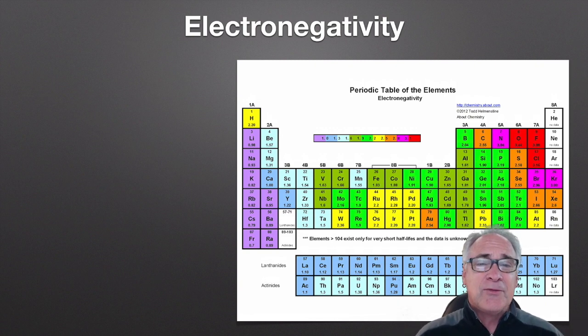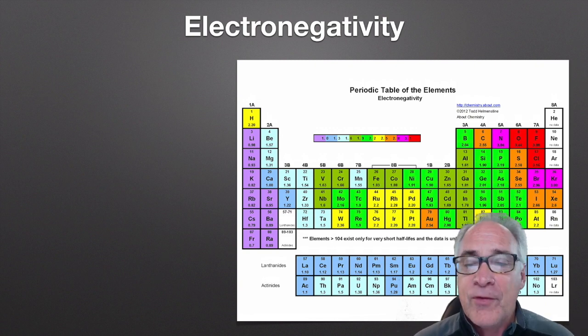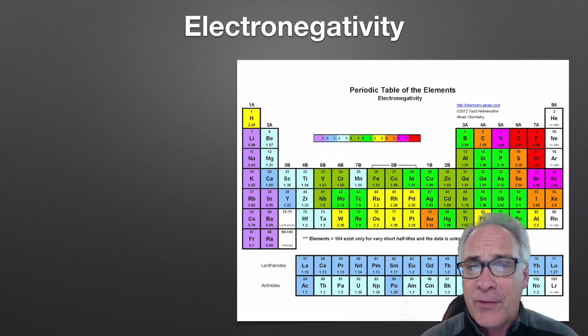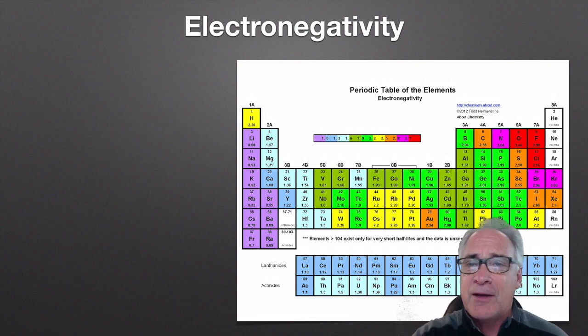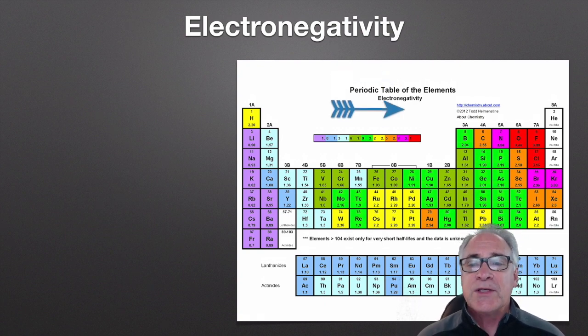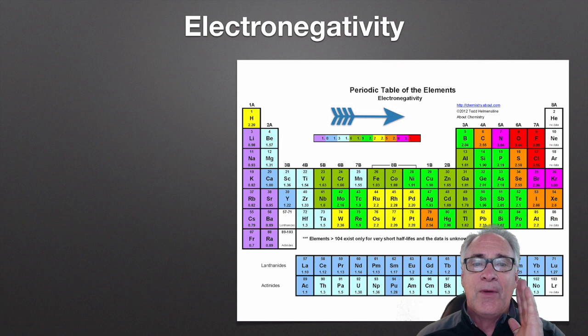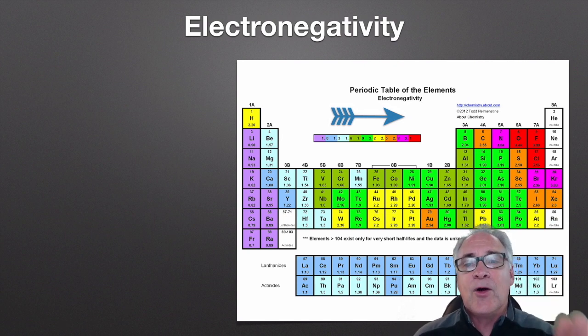Some more comprehensive charts will have all the things that you need on one sheet, but I wanted to parse out just the electronegativity in this one so it's easier to see. The way this is organized, if you travel from left to right, electronegativity increases.